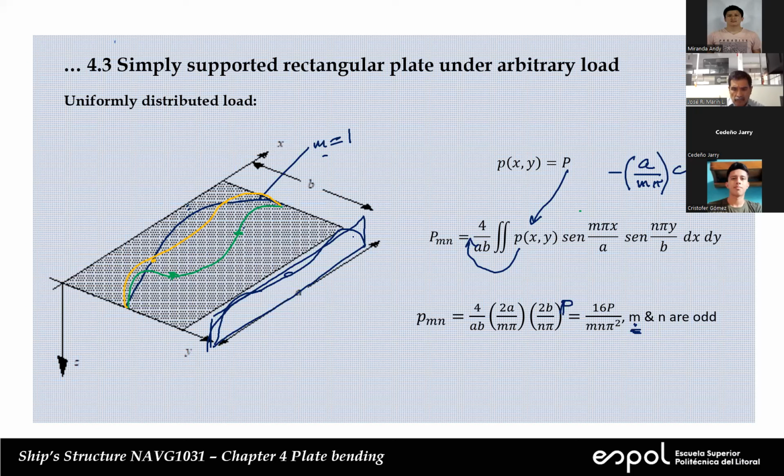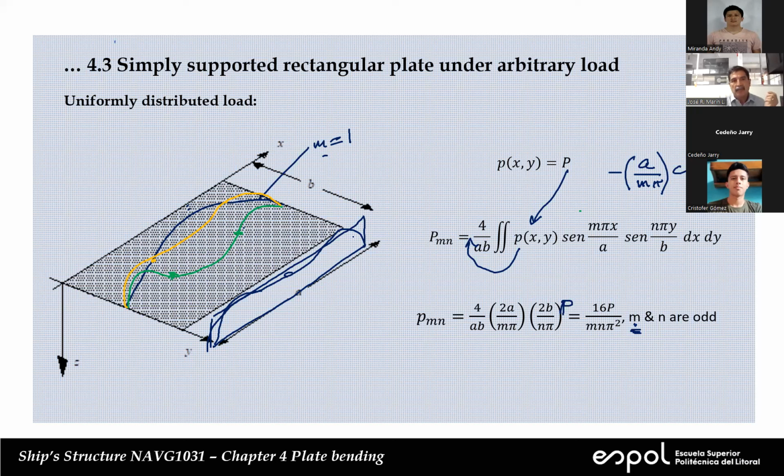You can do something similar in the y direction, and you will see that that's the type of behavior that you need to consider. According to the shape of the distribution P of xy, you need to obtain values of PMN.